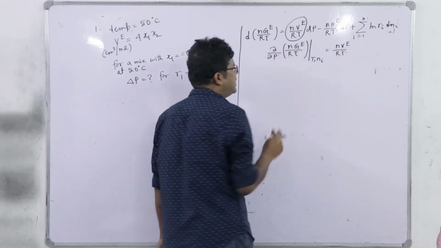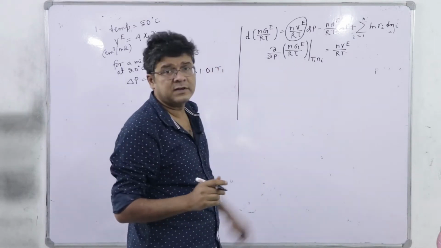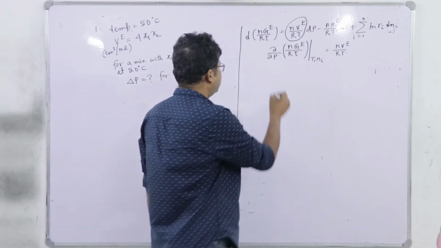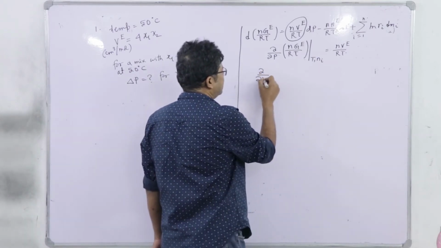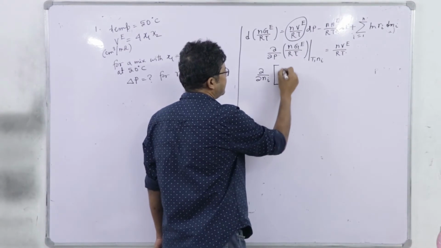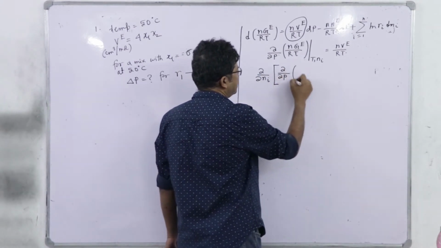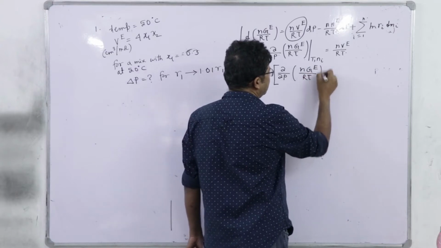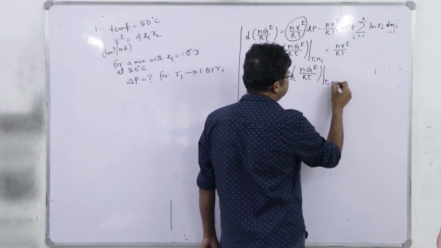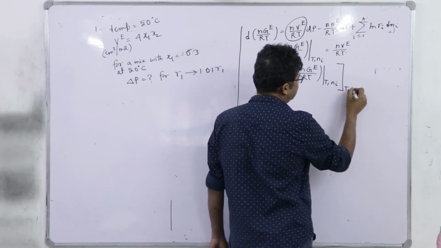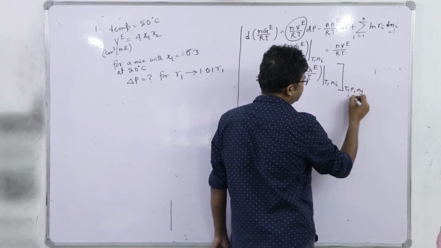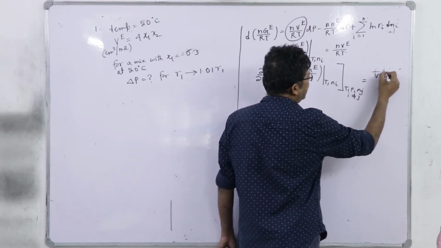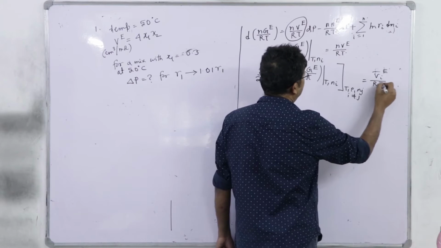Further, if we take the derivative of this equation with respect to n i at constant temperature, pressure and n j, here we will have V i bar E divided by RT.